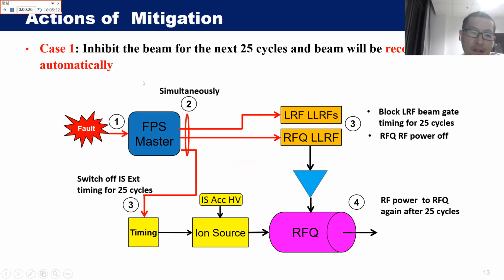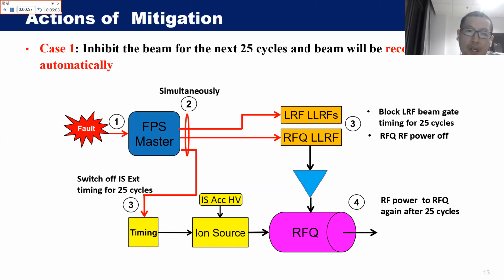In this case, when the FPS receives a fault signal, the FPS sends three signals to switch off the ion source extract timing trigger, block the beam gate, and block the RF power to the RFQ.